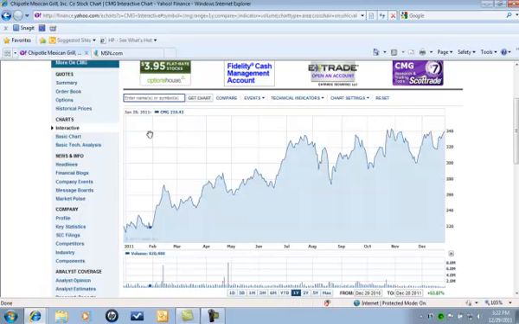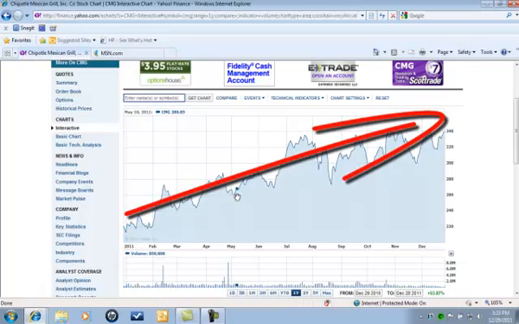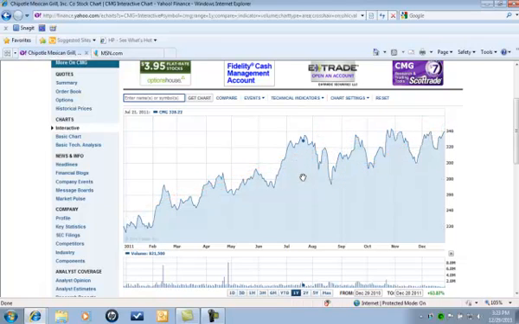It was at 219.43 back in February. And if you go all the way up to where it is now, it's at 340. So you see there is a trend line that is developed that is, if it's a good stock, then it's constantly going up. Now, let's go take a look at what an income stock looks like.